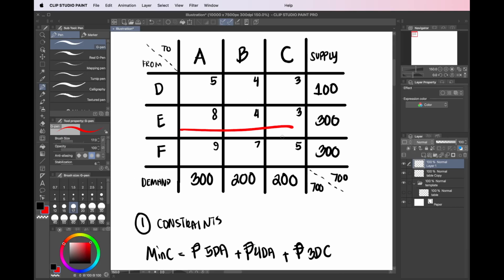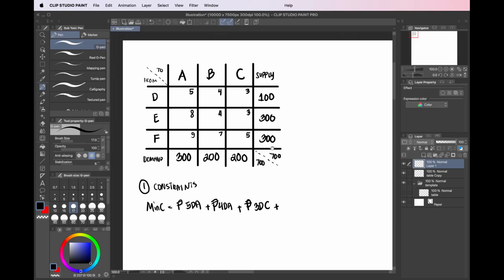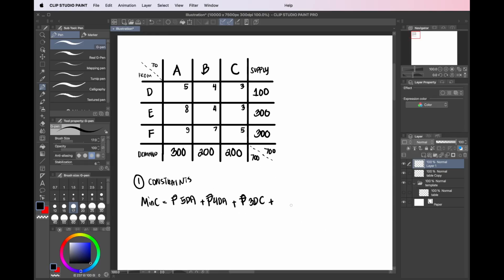Next, you would do the second row. This is gonna be a bit long, but 8EA plus 4EB, right? Then last but not least, 3EC.